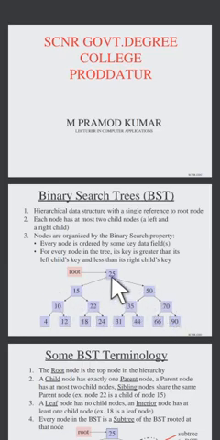Here 25 is the root node, and this is called the left subtree and this is called the right subtree. From this example, we can identify that the left child 15 is less than 25, and the right child 50 is greater than 25. And this property continues at every level.